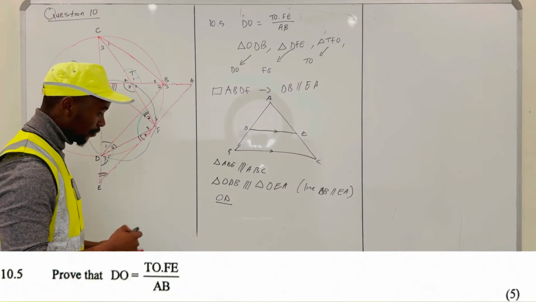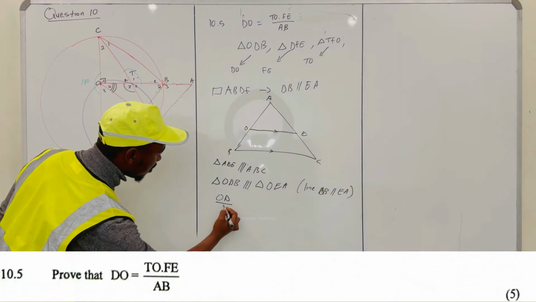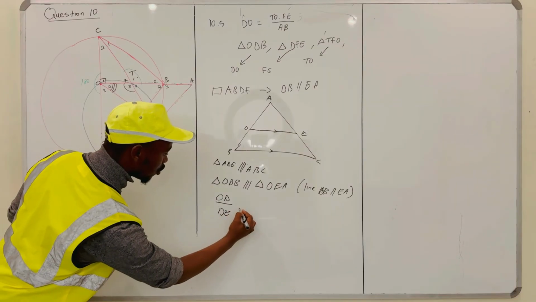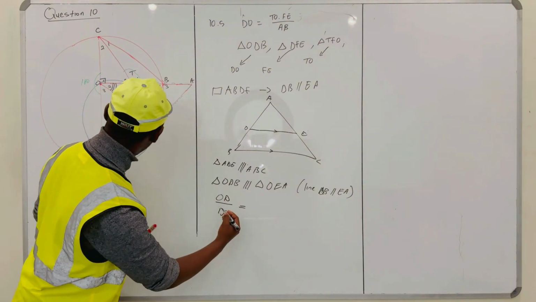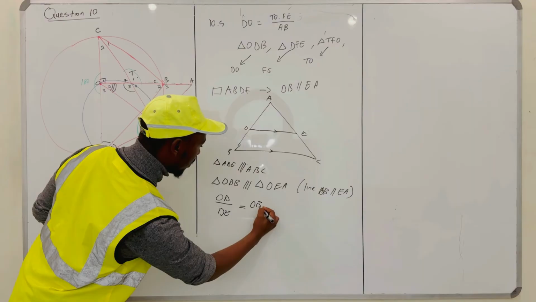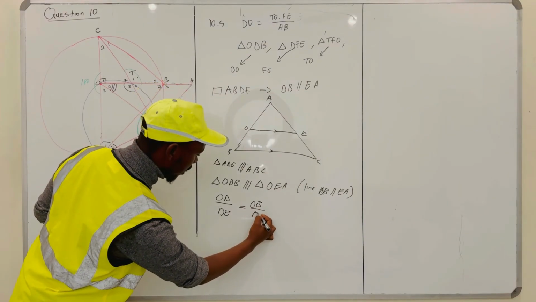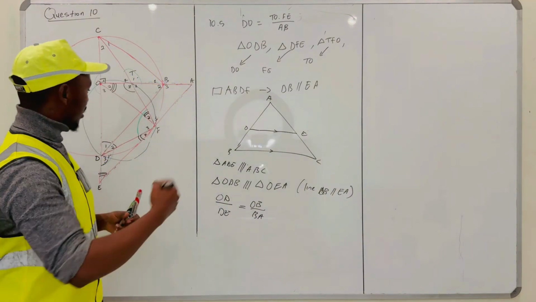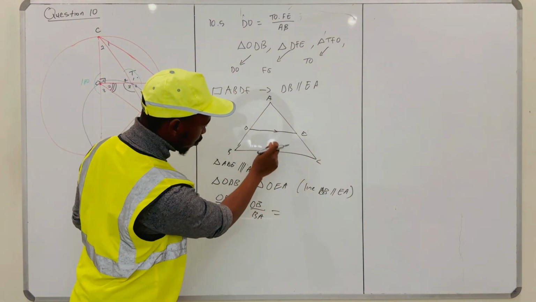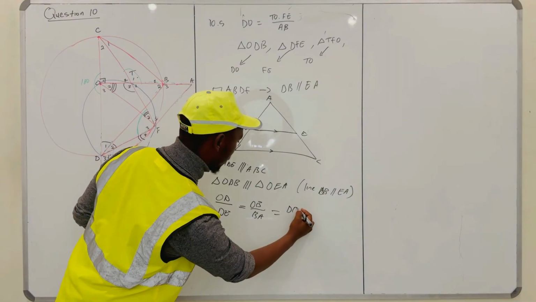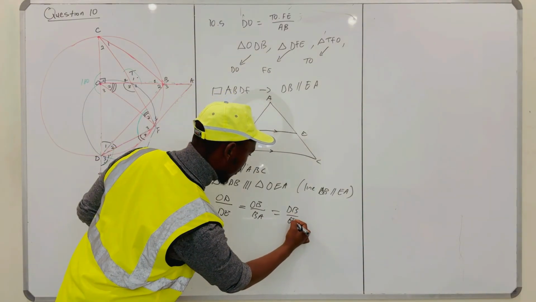Okay, so we can say OD over DE should be equal to, that ratio should be equal to OB over BA. Right, this should also equal to, we can do for these two over the sides here, DB over EA.